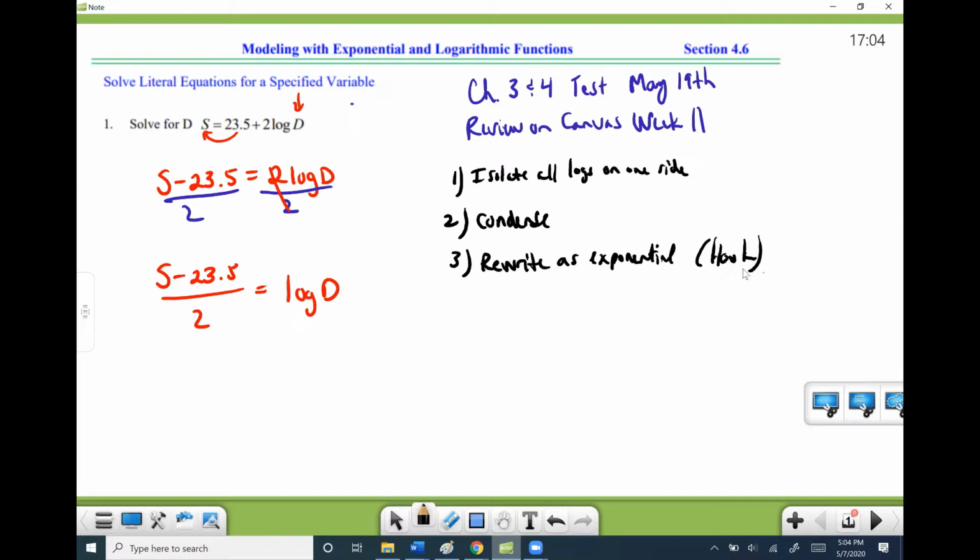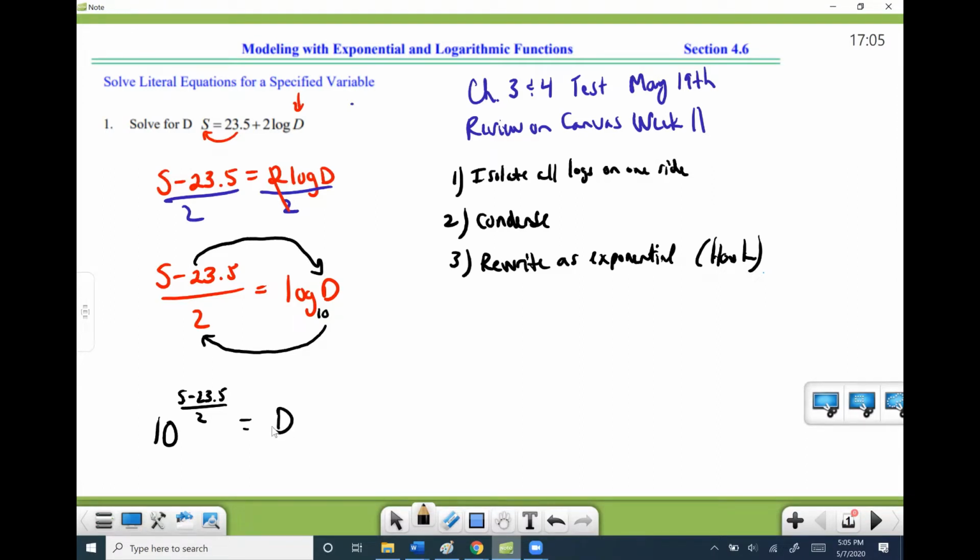Okay, so we're going to go ahead and put our little 10 down there, and we're going to say 10 to the, what a yucky exponent, yucky. Okay, 10 to the S minus 23.5 over 2 equals, and then come back.